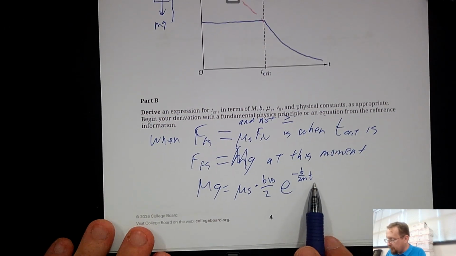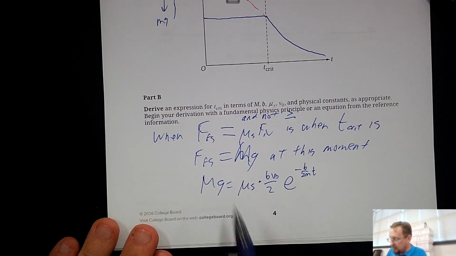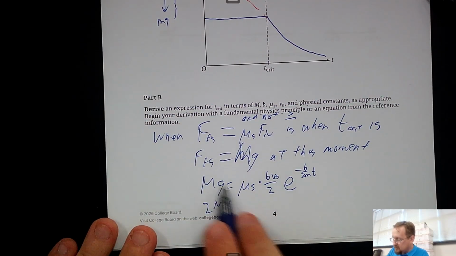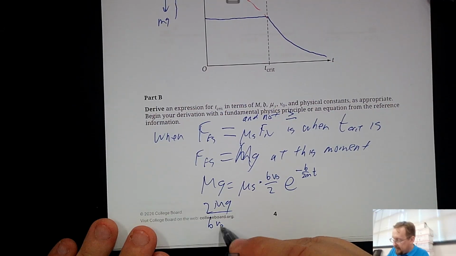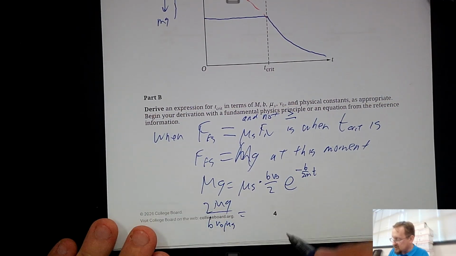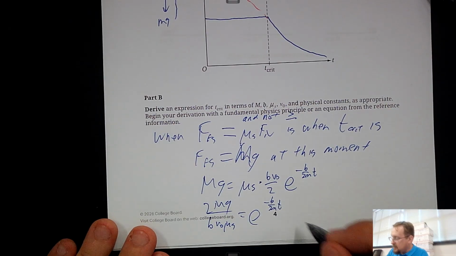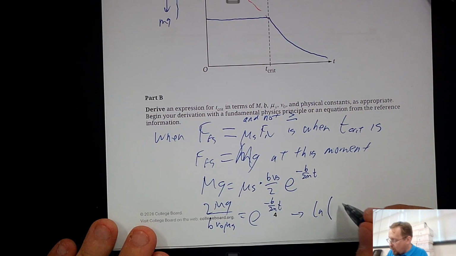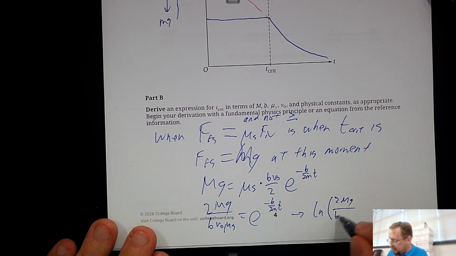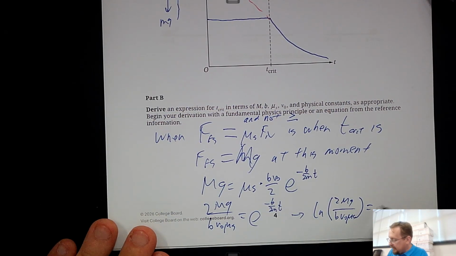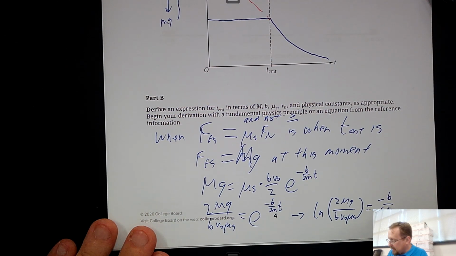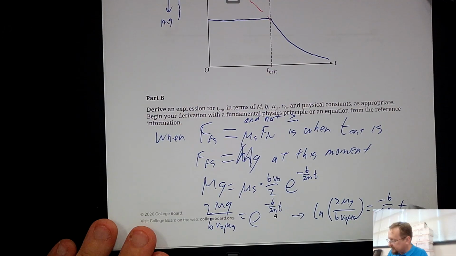So now I need to just solve for t. This is going to be painful. 2mg, bring the 2 up. b v naught mu static, bring all that stuff down. e to the minus b over 2m times t. So then this is going to be natural log of 2mg over b v naught mu s equals negative b over 2 capital M times t.